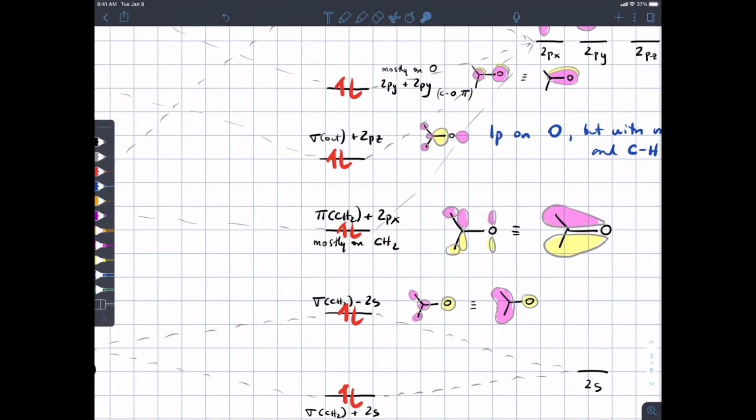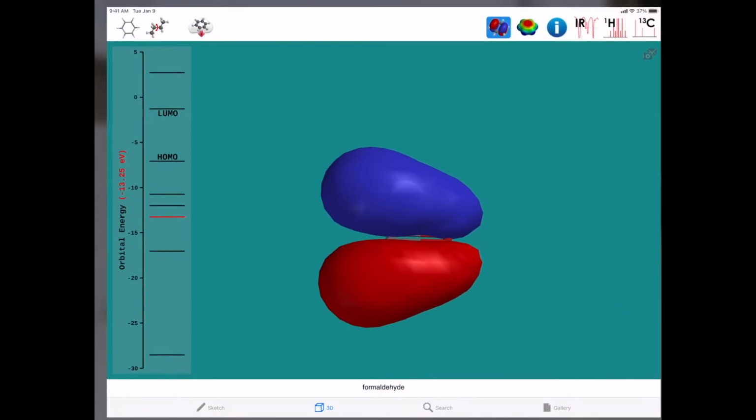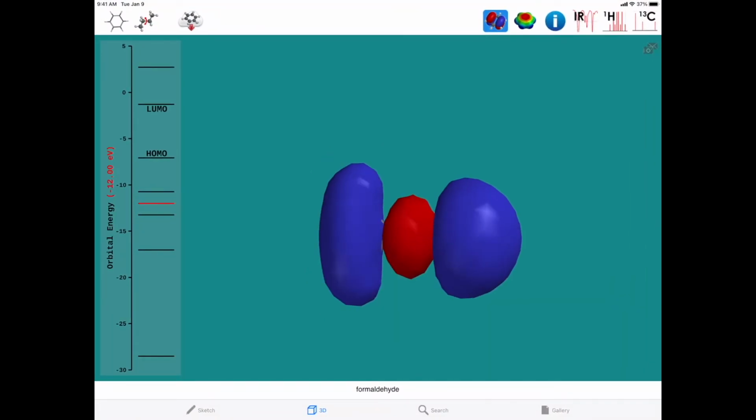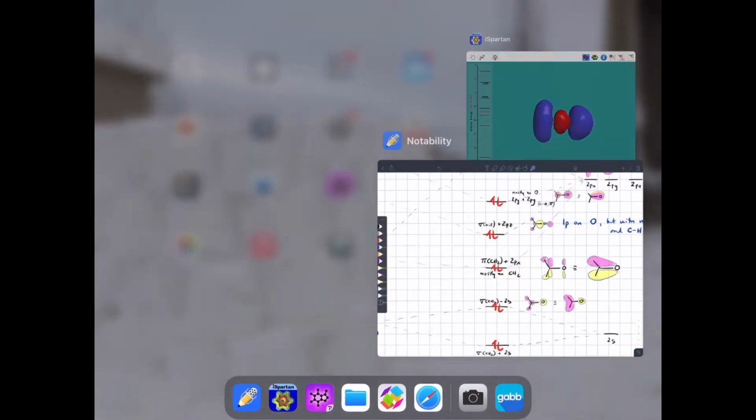Next is this sigma out plus 2pz orbital. So let's look for that, and that we see here. It looks sort of like a leaning TIE fighter with a large lobe of electron density on the oxygen, and this would correspond somewhat to a lone pair on oxygen.